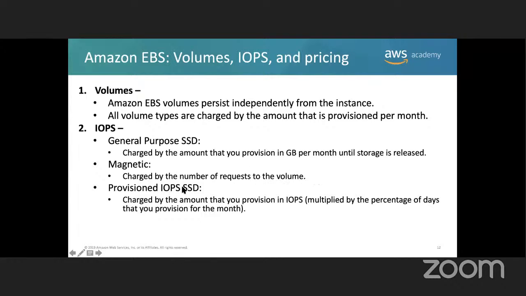Now, provisioned IOPS, we know that one. Input output per second, right? You're charged for the amount that you provision in IOPS multiplied by the percentage of days that you provision for the month. Okay, so you're going to be charged by IOPS multiplied by, for example, the percentage of days in 30 days.